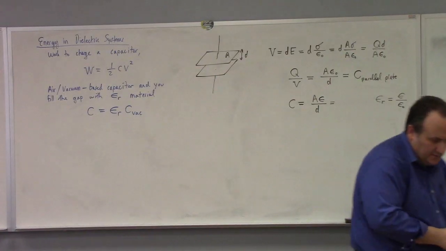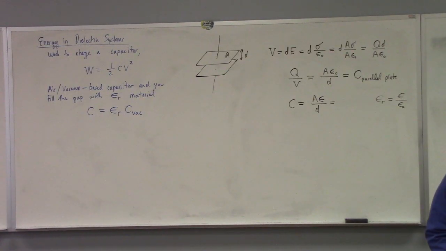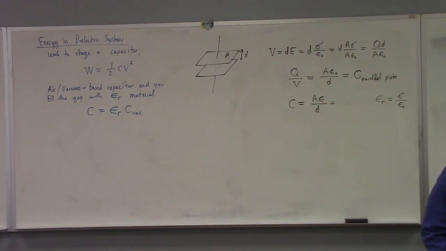I can't remember. It seems right. I'm not sure I wrote this one down. I talked about epsilon, but I don't think I actually talked about the epsilon sub r. I mean, we could figure it out from what I have on the board. Maybe you guys could figure it out. I'm not sure I can at the moment.